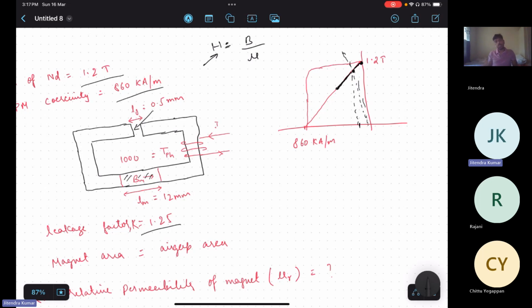At full load, the story will be further interesting, but even at no load, this shift in operating flux density of the permanent magnet is happening.